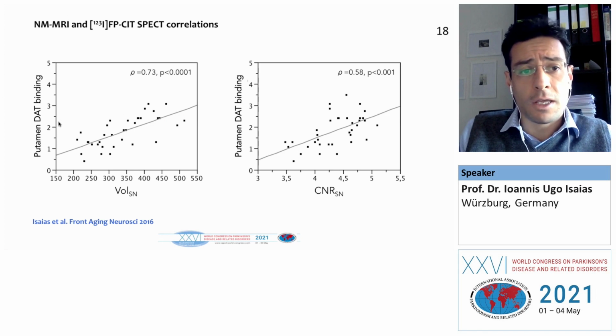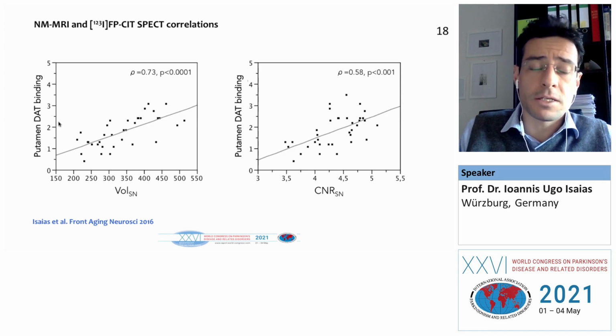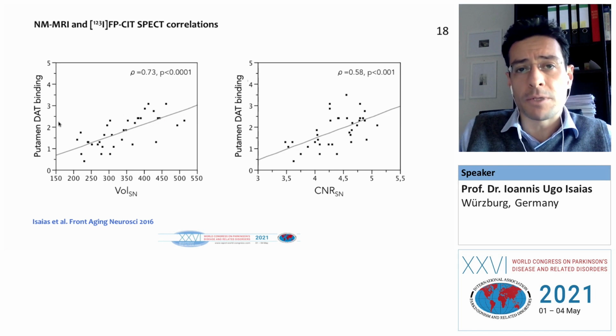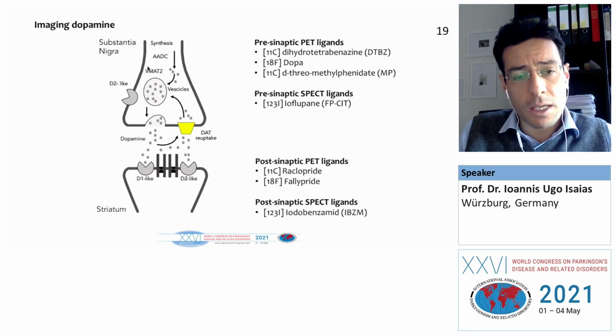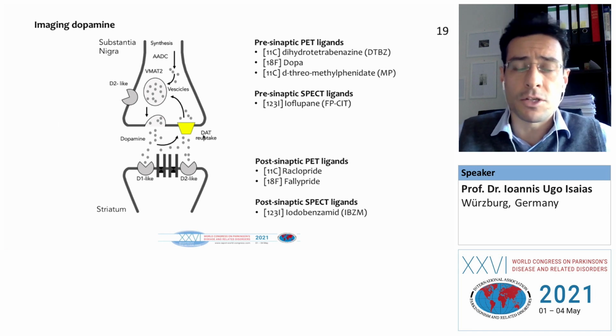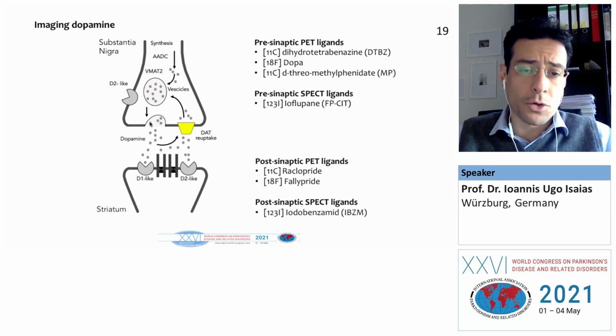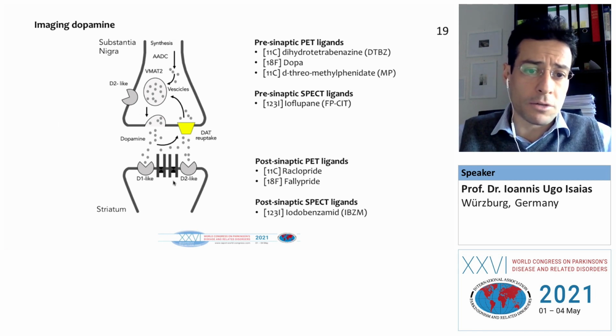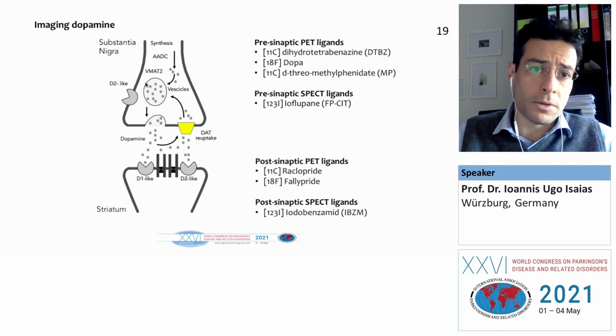What is the DAT binding? It's a measurement that we can perform with SPECT or PET investigations and ligands that bind dopamine reuptake transporters. Indeed, the dopaminergic synaptic cleft was one of the most intensively studied from a molecular imaging point of view. Here I'm showing you the nigrostriatal projections, top substantia nigra and bottom the striatum.